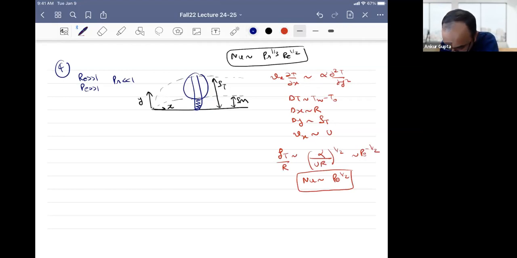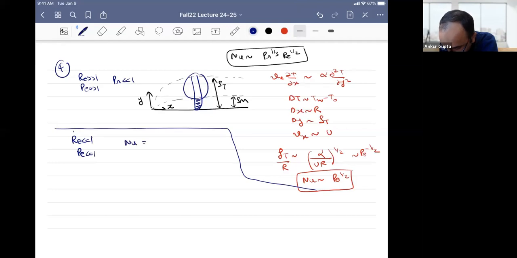So essentially, we have discussed 4 cases today. If Reynolds number is less than 1 and Peclet number is less than 1, we get a Nusselt number of 2. If Reynolds number is less than 1 and Peclet number is greater than 1, we get Peclet to the power 1/3.